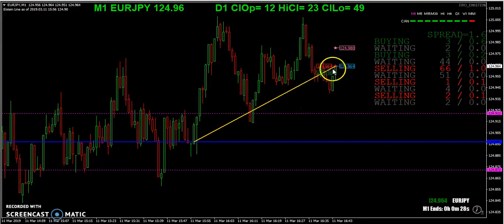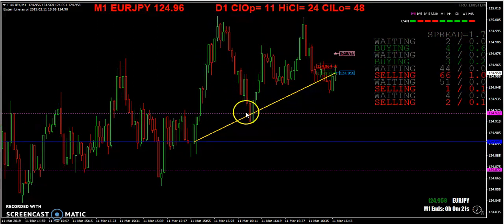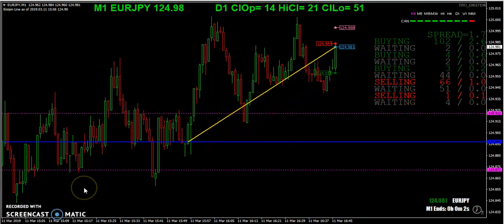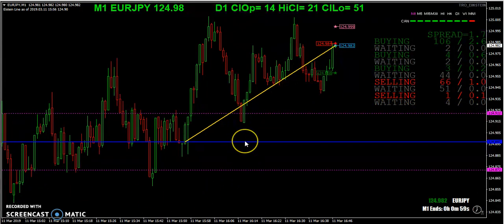But you can see here, we started here, price broke out and started to come back. Came back in, it broke out again. Now it's starting to come back. Okay, sorry for that interruption there. But the basics of the breakout.